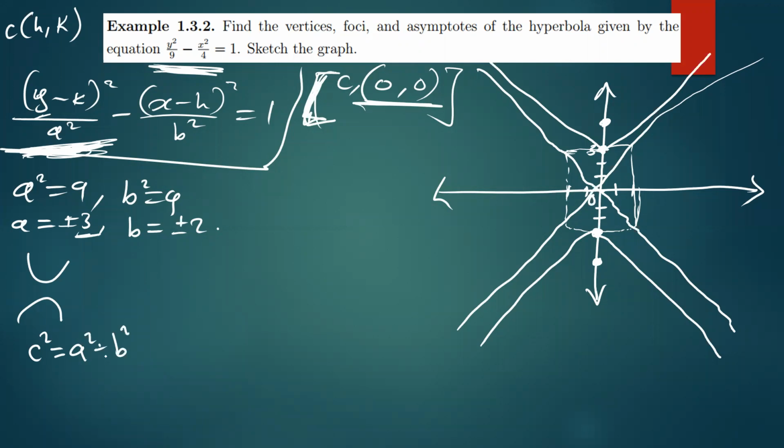But in this case, we're going to be adding A squared and B squared. So C squared is going to be 9, because my A squared is 9, and my B squared is 4. So it's 9 plus 4, and my C squared is therefore 13. So C is going to be the square root of 13.